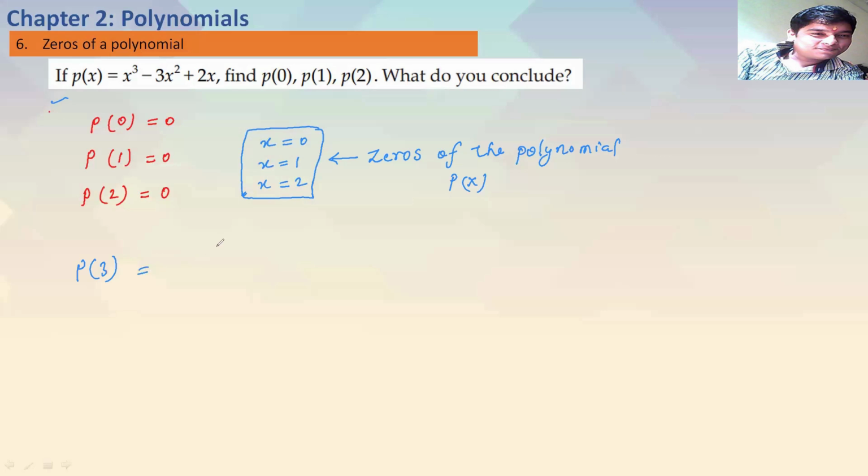Are you getting the polynomial output as 0 here? No. So this input x is equal to 3 is not a zero. You will have the inputs called zeros only when the output is 0. The input will be known as a zero only when the output is 0, otherwise not, right?